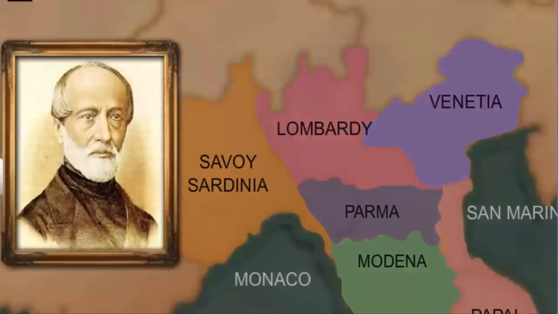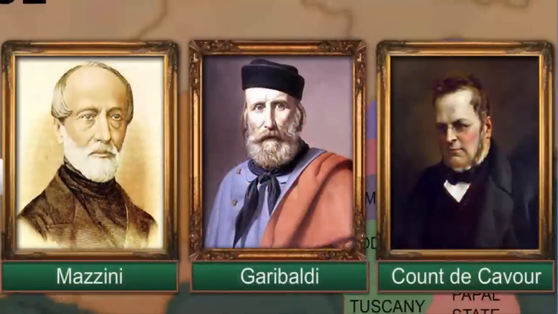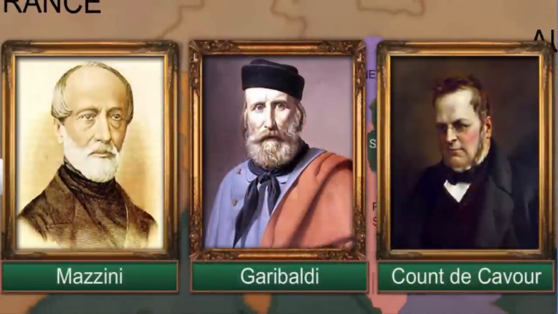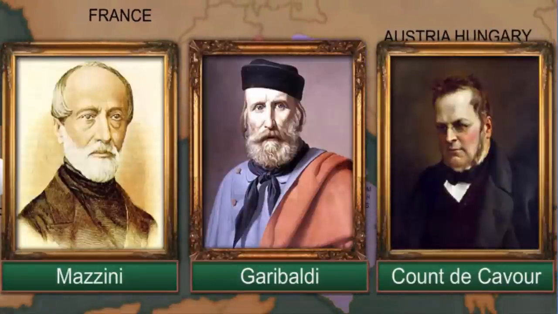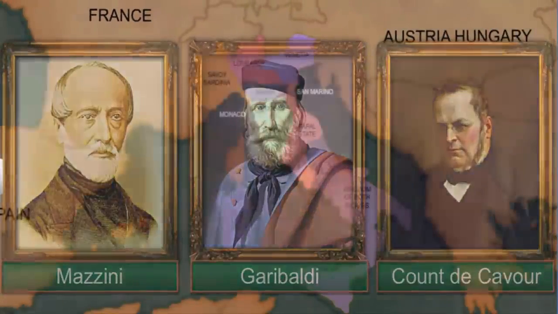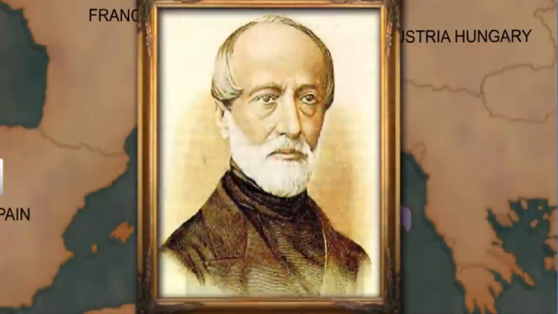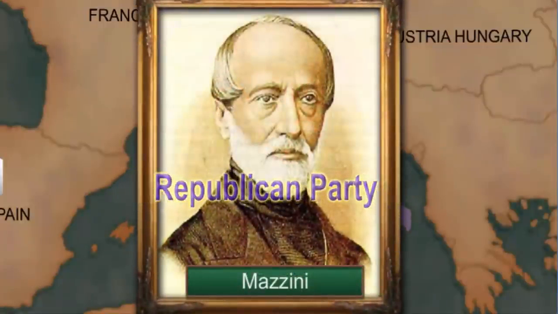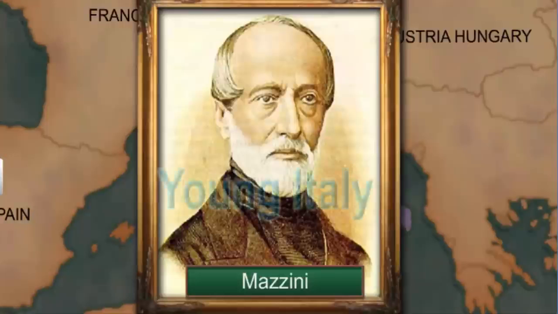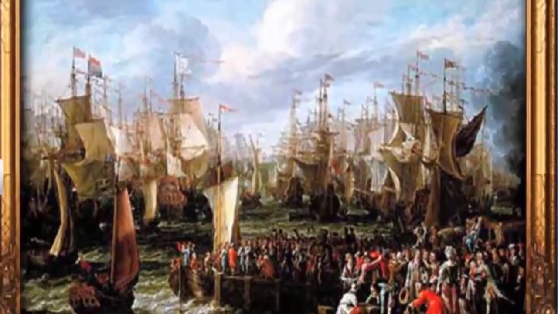There were a few key people who shaped the revolution and unification in Italy. Mazzini was the leader of the Republican Party. He had formed secret societies like Young Italy to regenerate Italy by education. However, the rebellion staged by the revolutionaries failed.